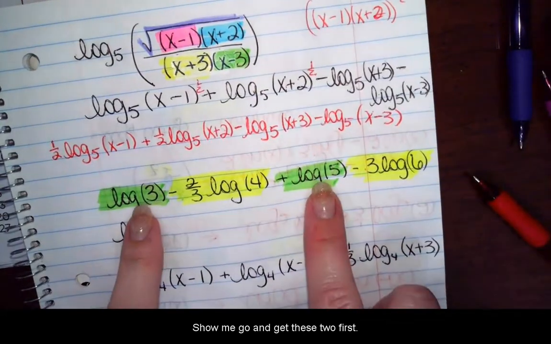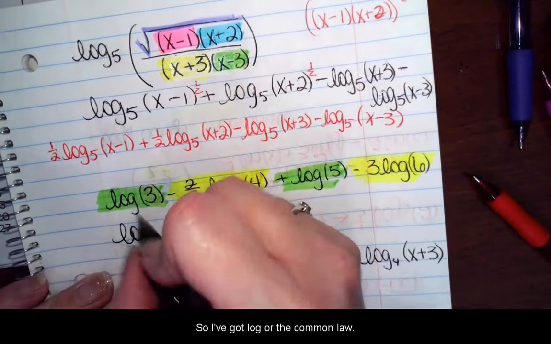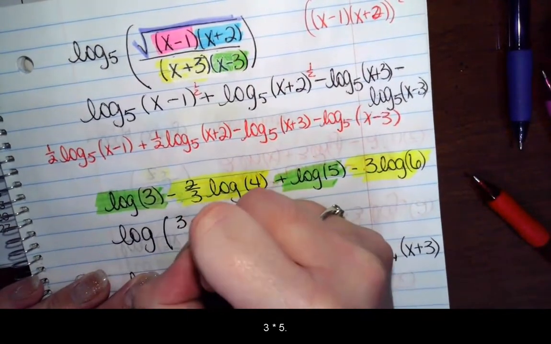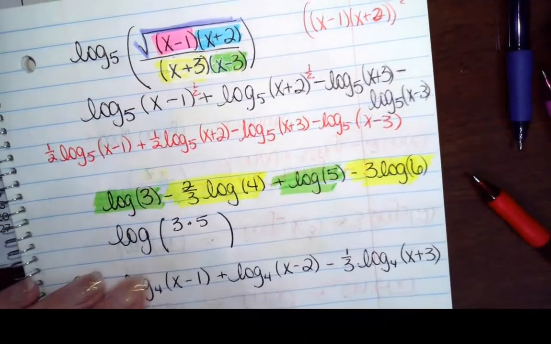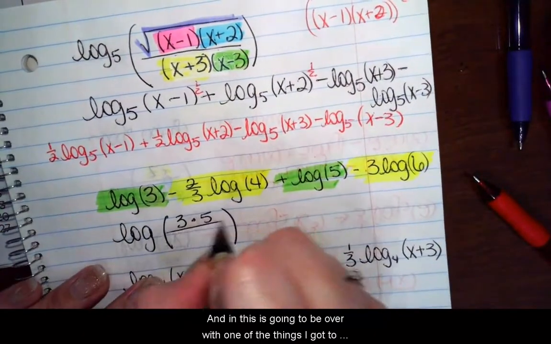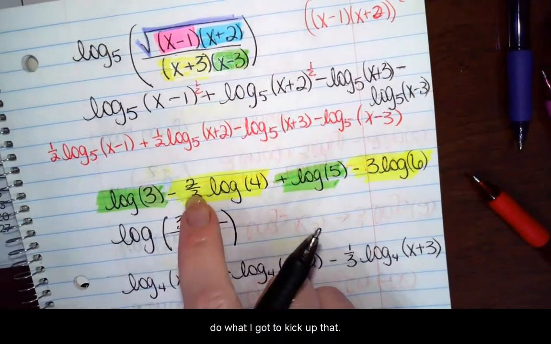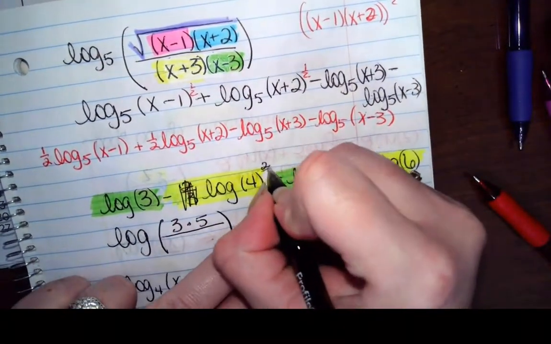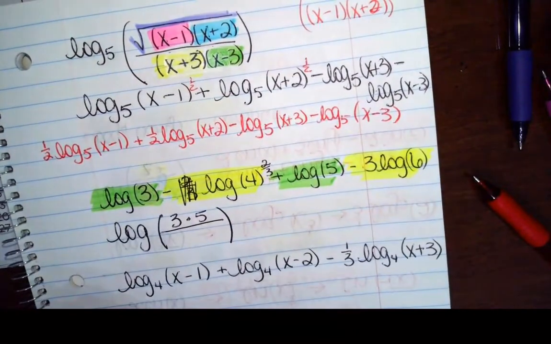Okay, so I'm going to go ahead and get these two first. So I've got the common log of 3 times 5. Okay, and then this is going to be over. Well, one of the things I've got to do is kick up that coefficient. So this coefficient becomes 4 to the 2/3 power.